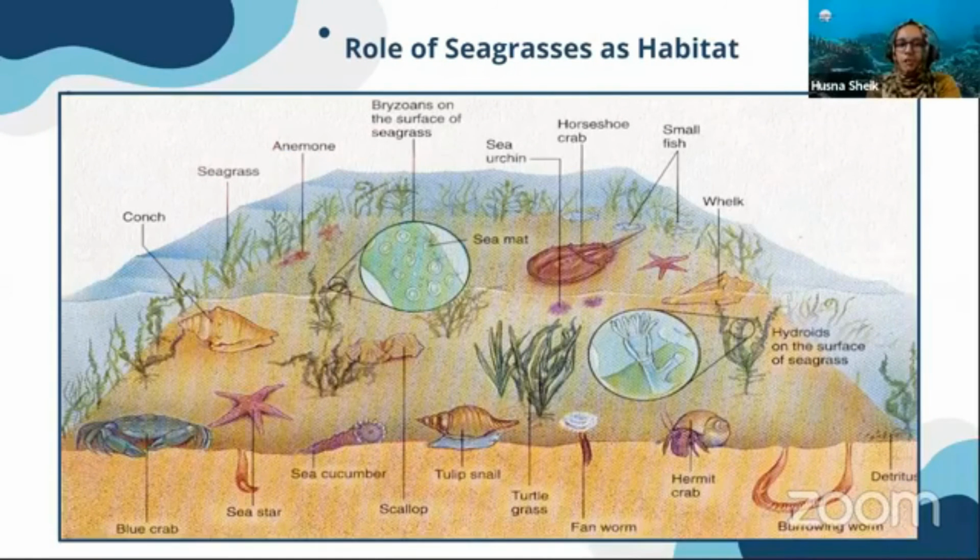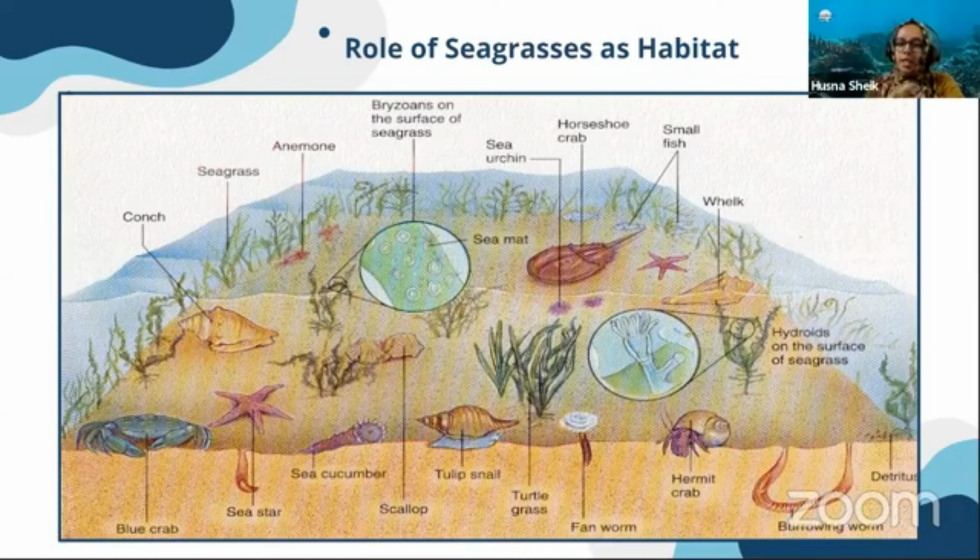The role of seagrasses as habitat. Here you can see in the video the nice organisms living and interacting with the seagrass. There are lots of organisms. Here I have shown you a picture to give the idea of how even minute, small organisms depend on the seagrass.